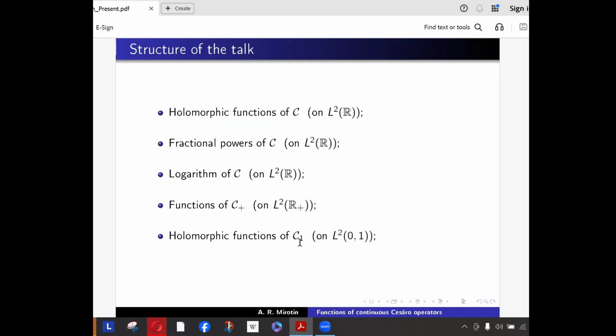holomorphic functions of C1. It should be noted that there is a great difference between C and C plus on the one hand and C1 on the other, because C and C plus are normal operators in the corresponding Hilbert spaces, and C1 is not a normal operator.